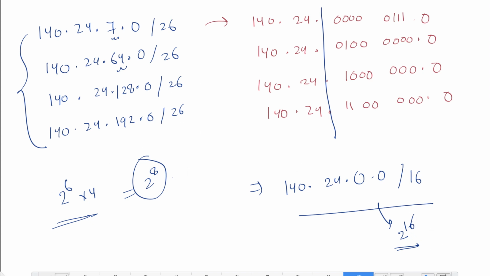Your question is valid, and the answer is that we are not actually merging it. We are not saying that we have merged it. It is just with respect to this router. For this router, if something is starting with 140.24, then this router will send packets in this direction.